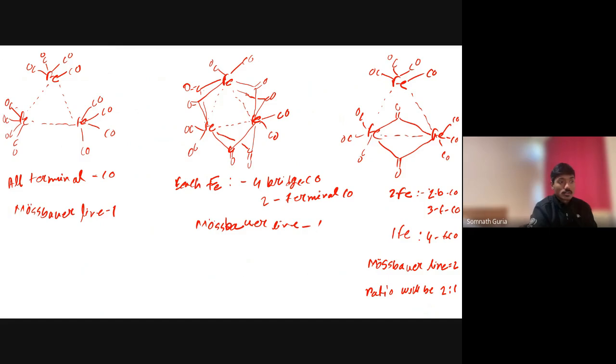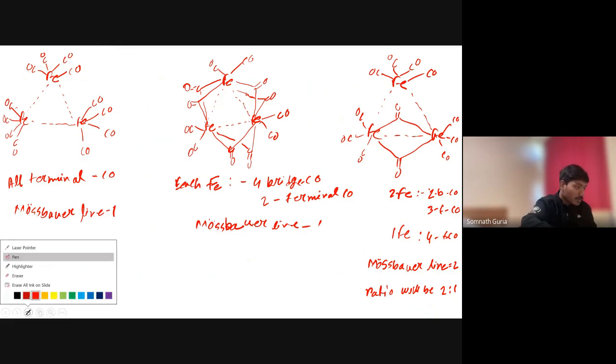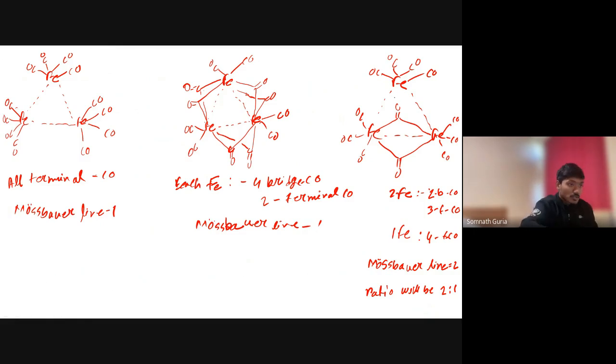So delta EQ value for this iron, I can write it as iron A and iron B. This is the iron B we are talking about. This is the iron A. For the iron A, next page, here also we can write iron A. It will have a less delta EQ value.